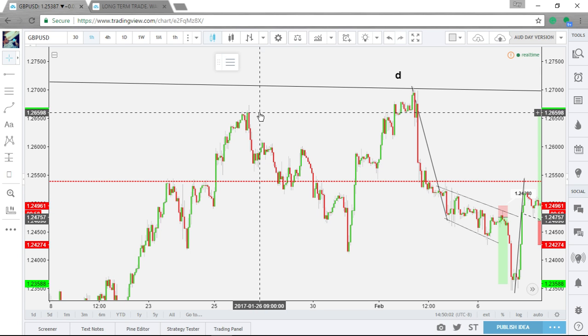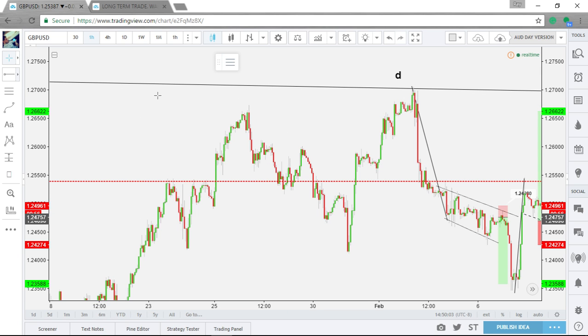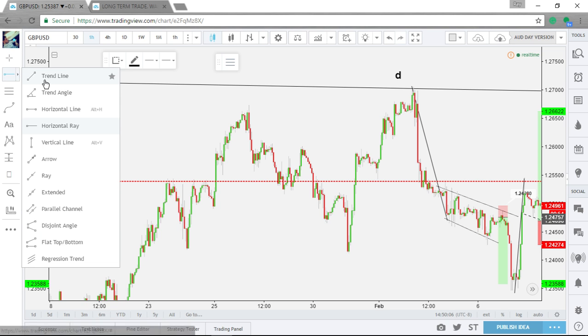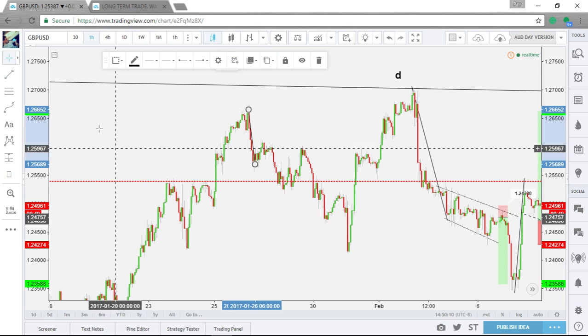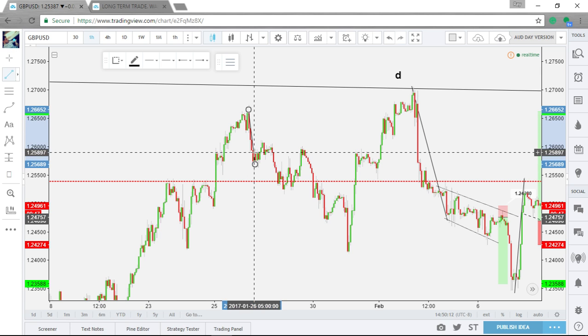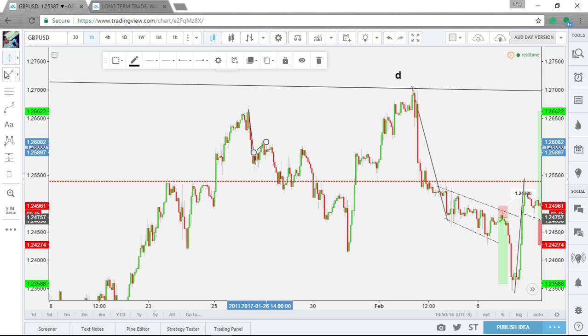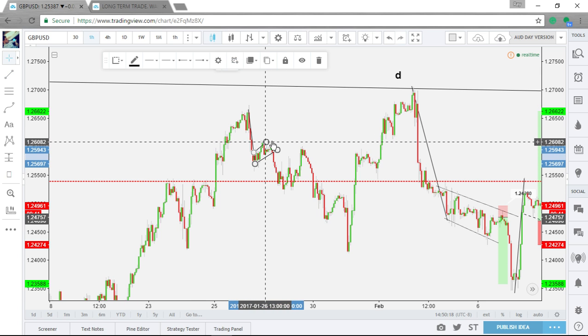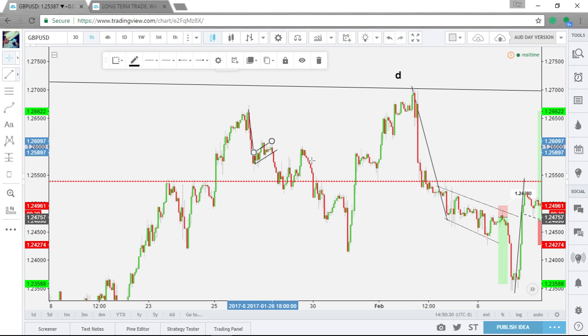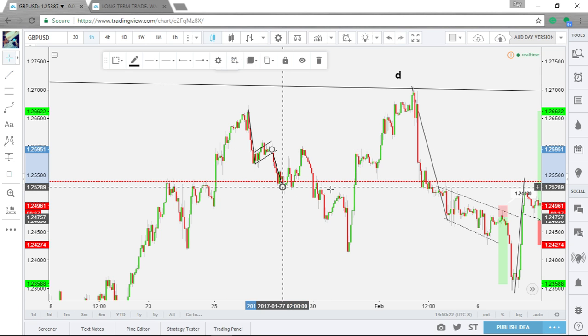That's what you want to see. You want to see those sharp moves. From here to here, and then you want to see that sharp move right there. The collection area right there, and then you get to see the impulse right there.